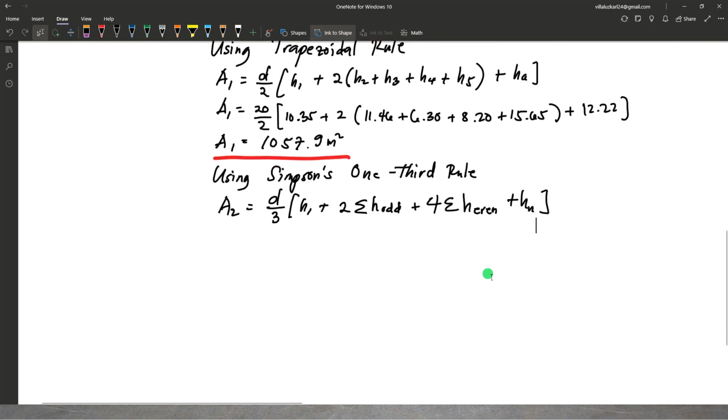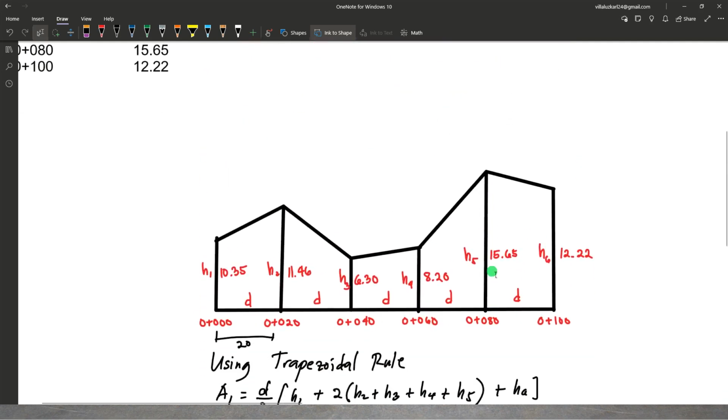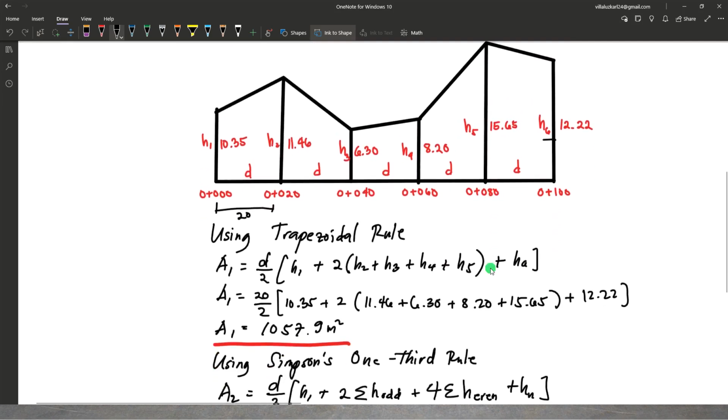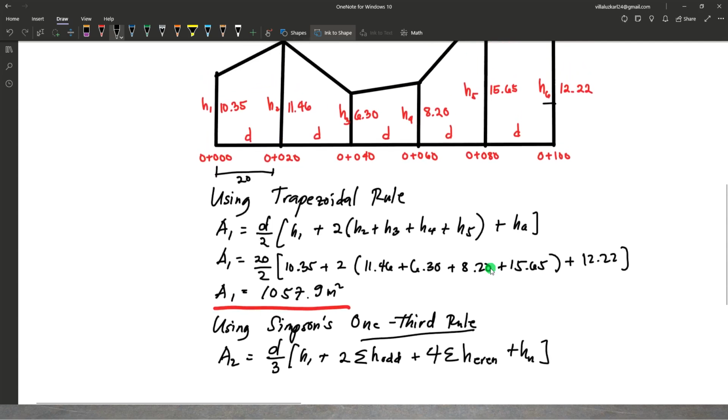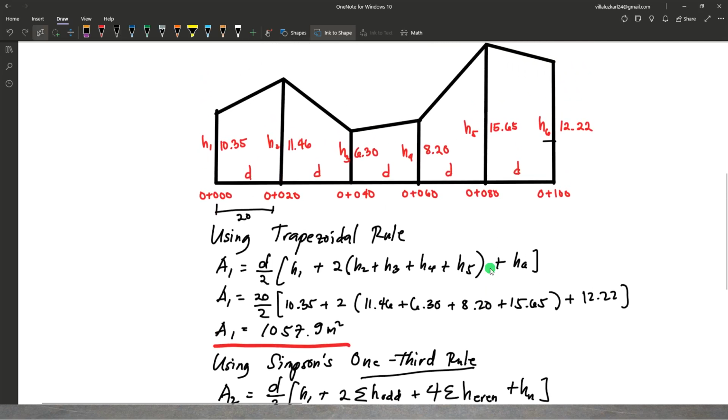Okay, so as we can see here, how many stations? We got 6 stations. So this is an even number of stations. So Simpson's one-third rule is applicable from station 1 to station 5 only. Okay, because station 5 is an odd number station.